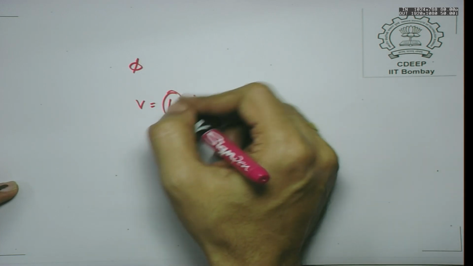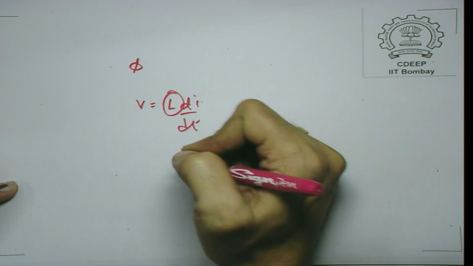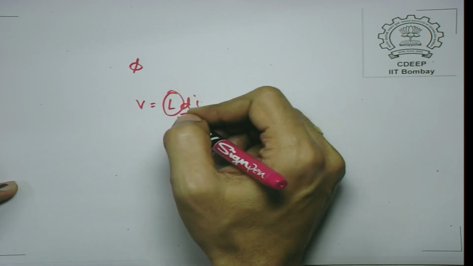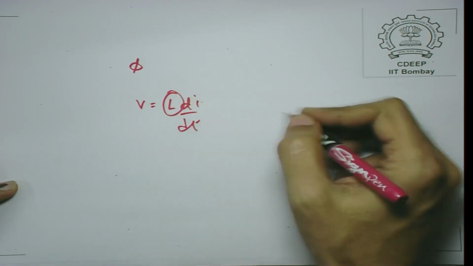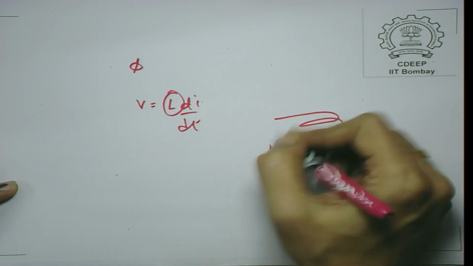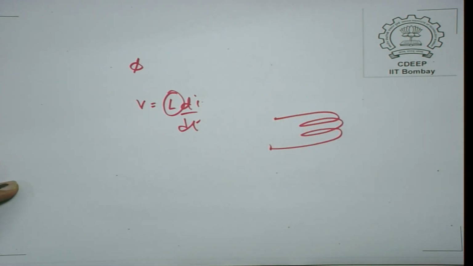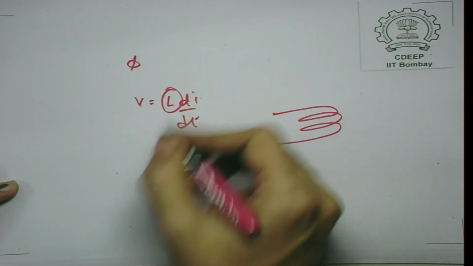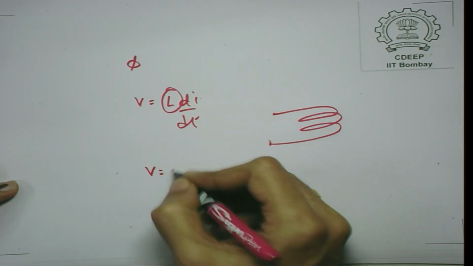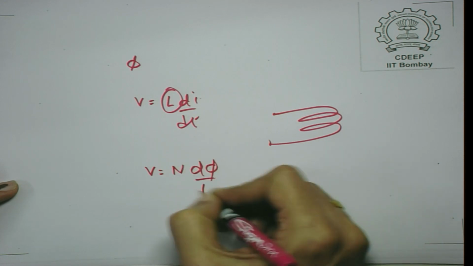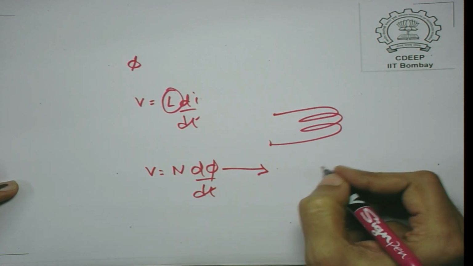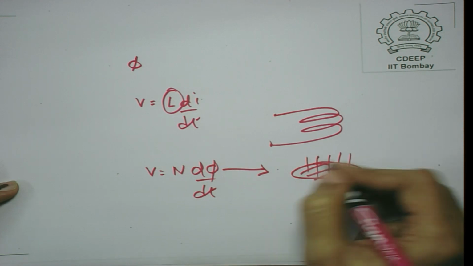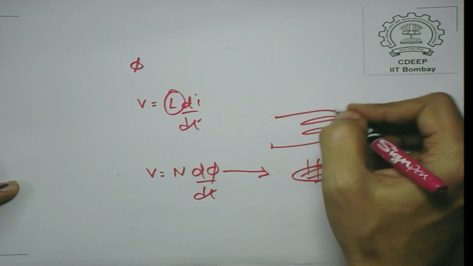This L is a constant only under certain circumstances. If it is free space or air, this L is indeed a constant for a given coil. But in a ferromagnetic material, how does this equation come about? V is equal to N d phi by dt, and phi is obtained by integrating the flux over the area bounded by this coil.